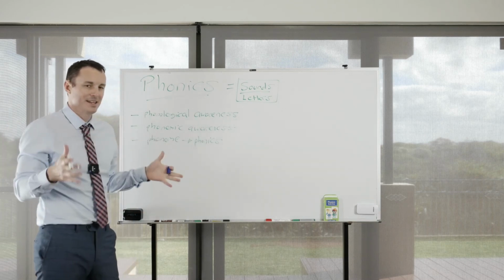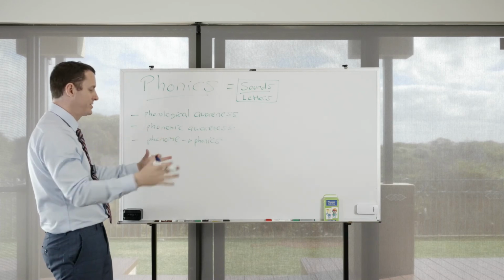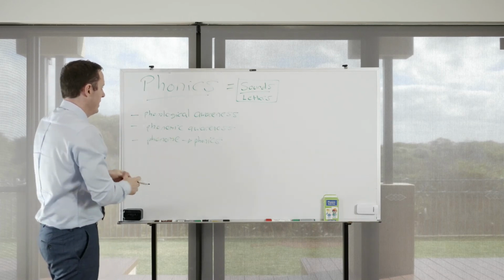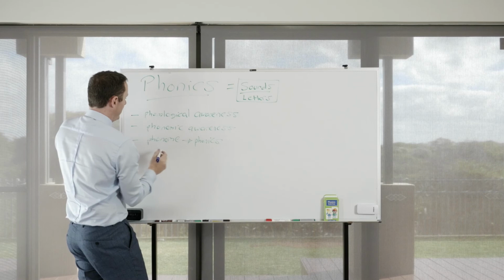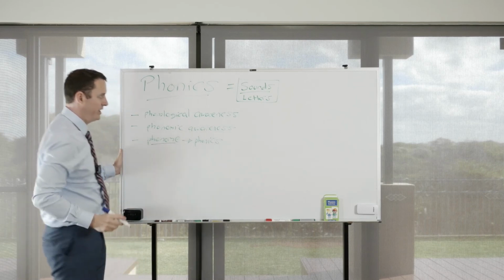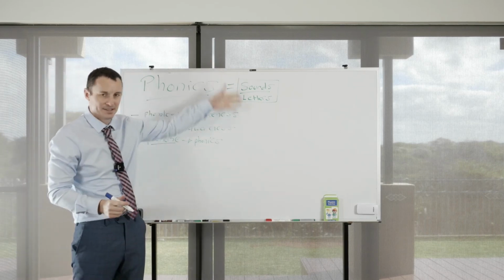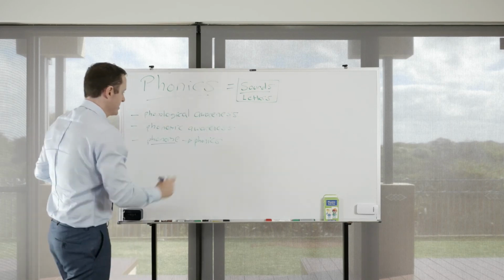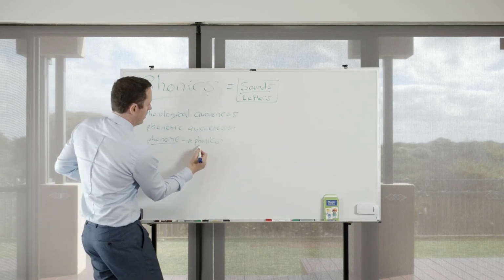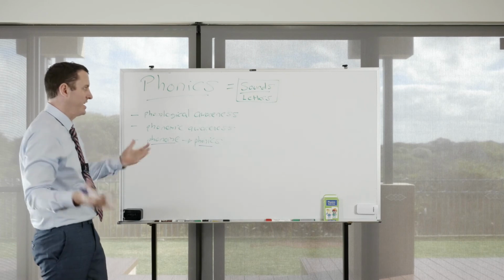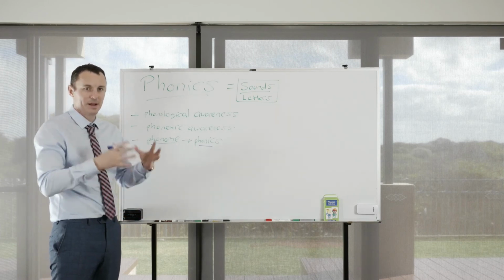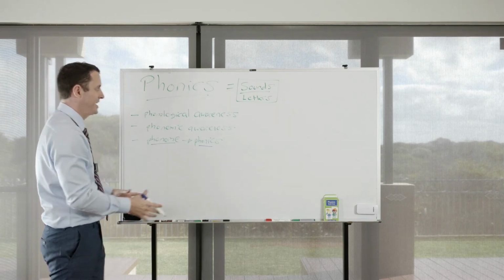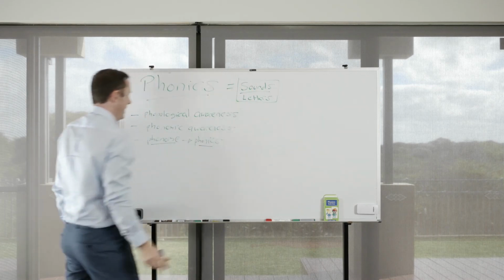So that includes sentences and bigger words, or actual just words. Whereas phonemic awareness comes from this word phoneme, and a phoneme means letters, sounds, those types of things, and that's where we get the word phonics, which I guess is the noun for the program and activities that we use to teach kids all about sounds and letters.